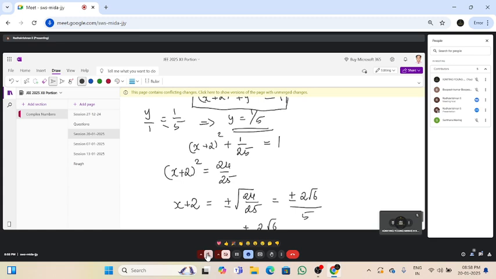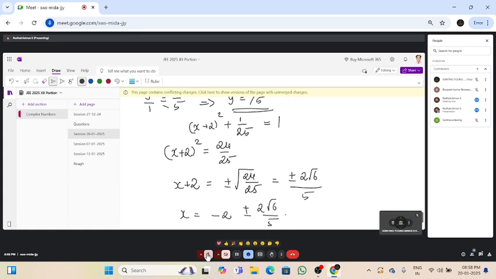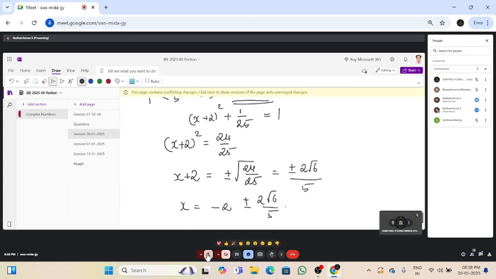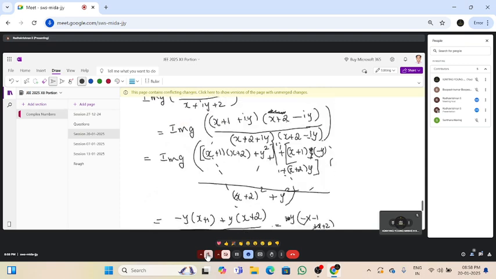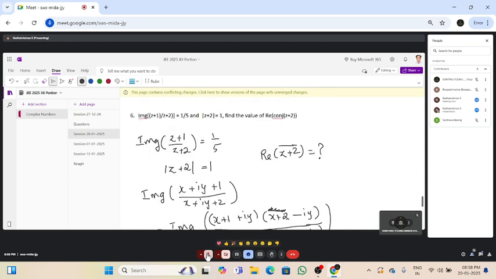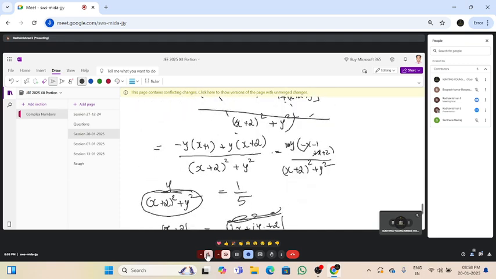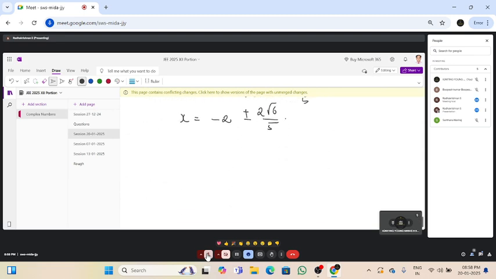And what are they asking for? Real value of z plus 2 conjugate. Right? That's what they're asking now. Real component of z plus 2 conjugate. And what is that?